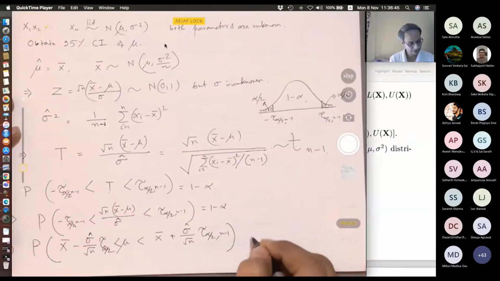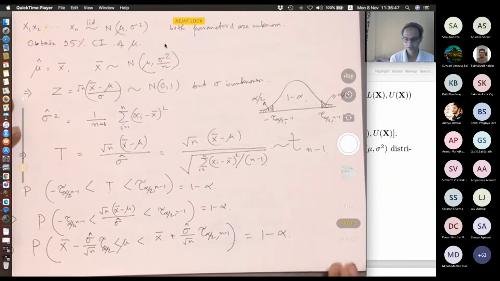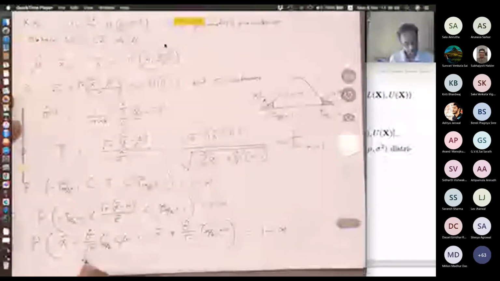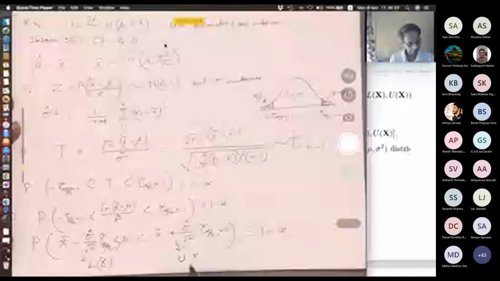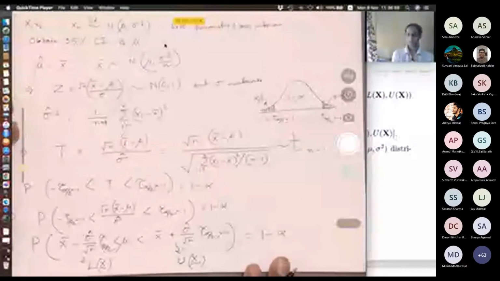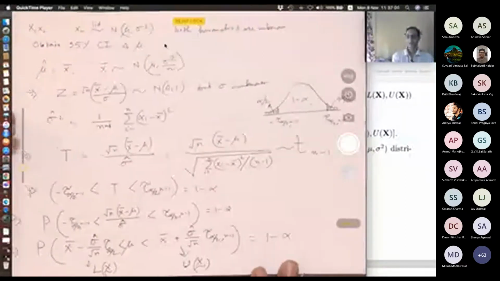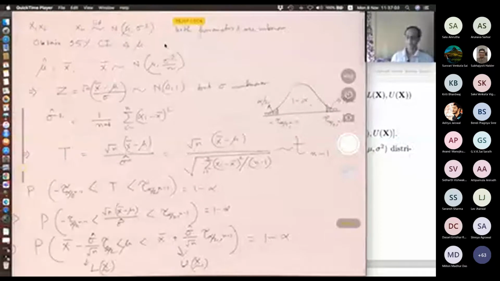Probability of that is 1 minus alpha. So this is L(x), a function of the x vector. This is U(x). Yeah. So is it okay now?